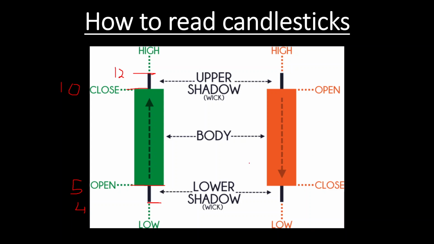Now, the same thing applies to the bearish or the red candle, just the opposite way. So when the candle is red, it means that the price opened at the top of the range here, let's say 10, made a high of around this point here at, let's say, 11, made a low of this point here at, let's say, 6, and eventually closed at this point right here at about 7.